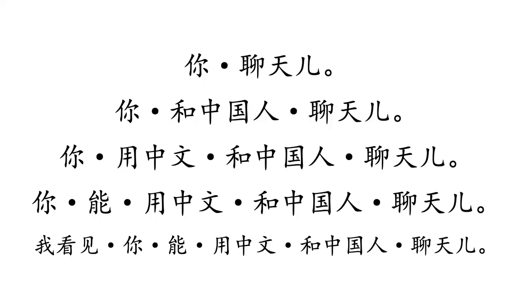So the very most basic sentence here is 你聊天, you chat or you speak with. 你和中国人聊天, you speak with Chinese people. So in that case, we add in that with Chinese people to 聊天, and you can see how 和 is serving as the relator between you and chatting. Who are you chatting with? Well, you're chatting with 中国人. Let's keep going. 你用中文和中国人聊天.